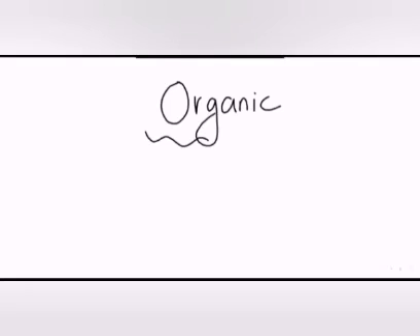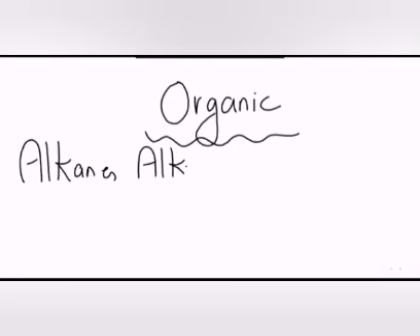Now, proceeding to the most important chapter in all our syllabus, which is organic chemistry. Organic chemistry has 5 homologous series that you're going to learn, which are alkanes, saturated hydrocarbons, alkenes, unsaturated hydrocarbons, alcohols, carboxylic acids, and esters.